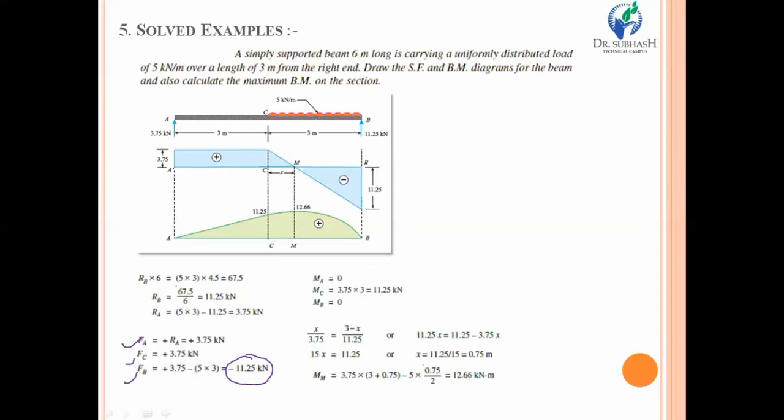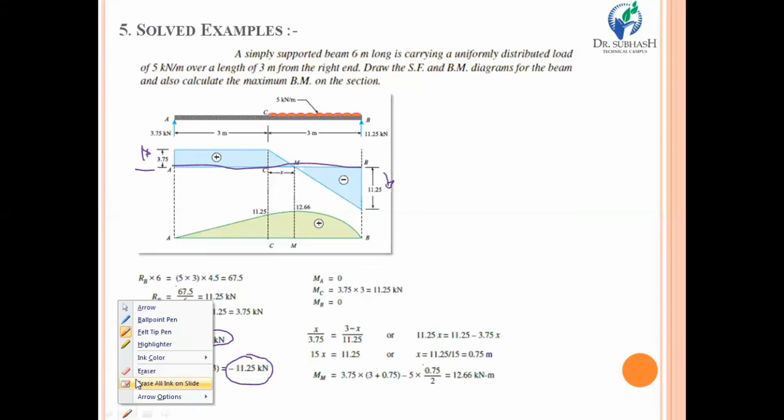First of all, starting with section A, we know that at section A there is a 3.75 kilonewton force acting in upward direction, and it will be taken as positive. Positive will always be in upward direction to the horizontal line, and negative will always be in downward direction to that particular horizontal line that we have drawn earlier.